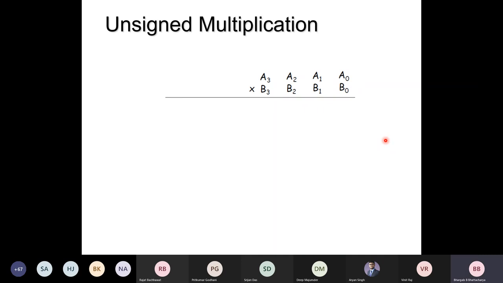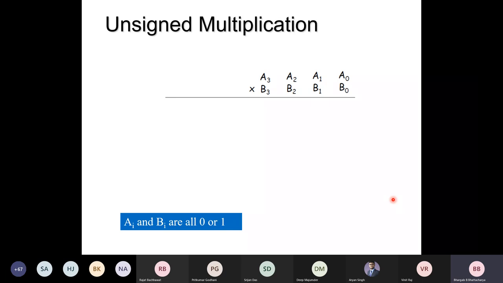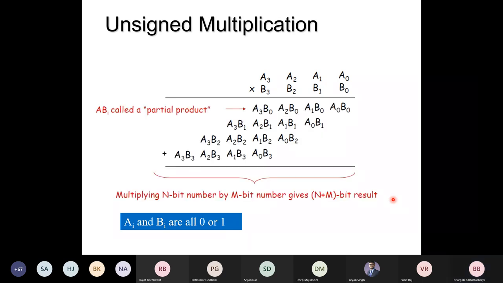So let us look into unsigned multiplication. In general, let's say that we have the A's and B's, all binary bits, where A runs from 0, 1, 2, 3, and B also runs from 0, 1, 2, 3. We are multiplying two 4-bit numbers, right? A's and B's are all 0s and 1s. And so we get this partial product, which is the ANDing of these two bits, A0 and B0. Next, this one would be what? It is A1 and B0, right? And this would be A2 and B0, and A3 and B0.